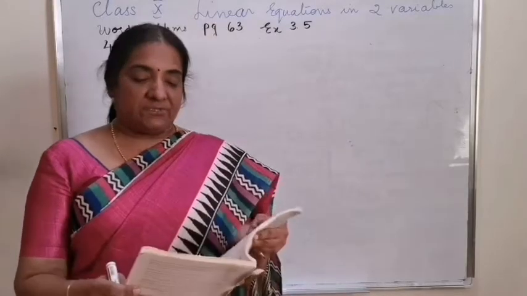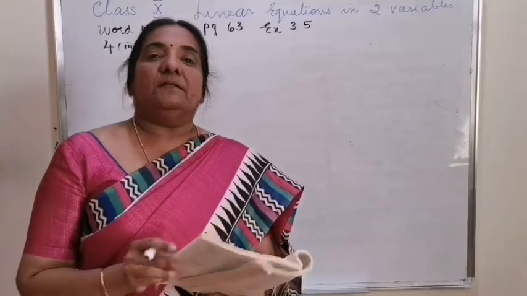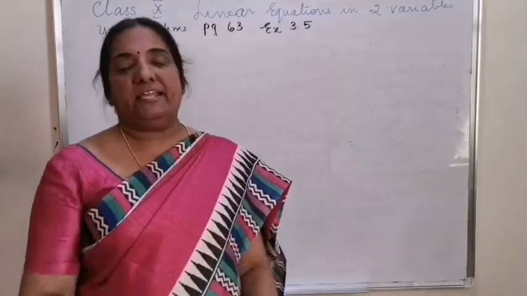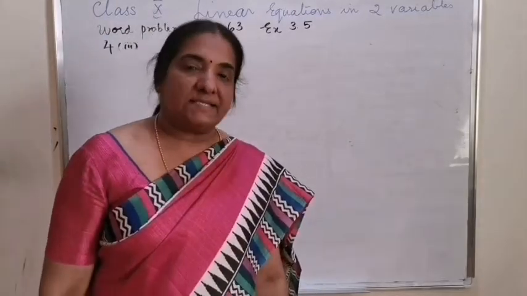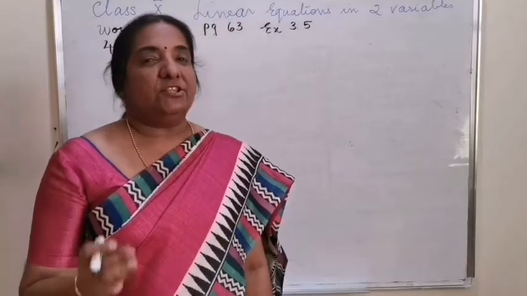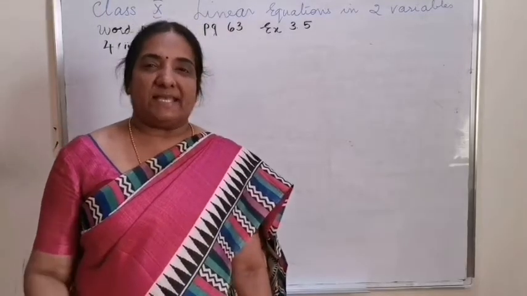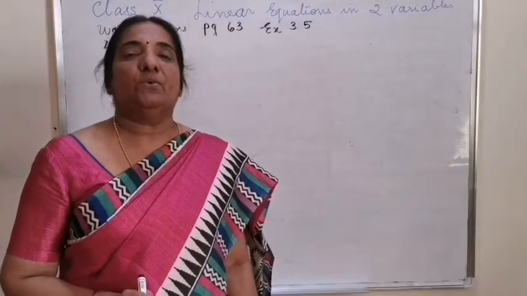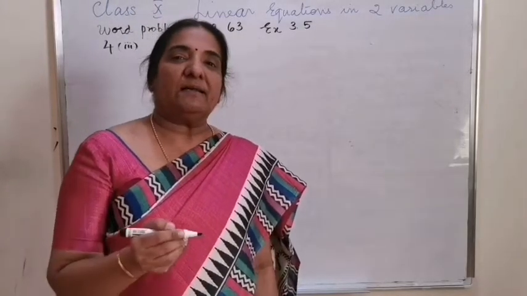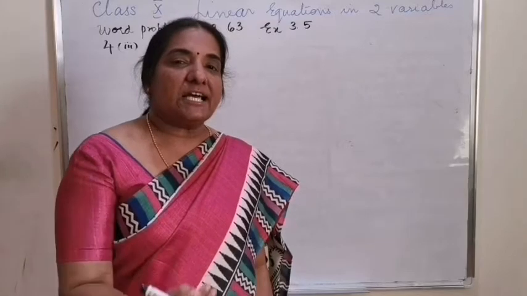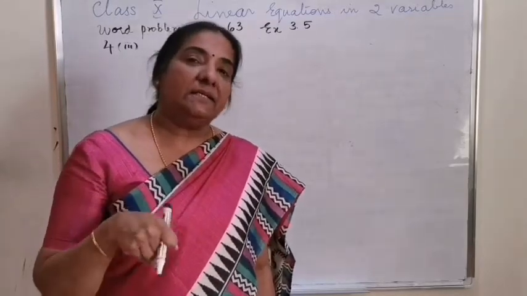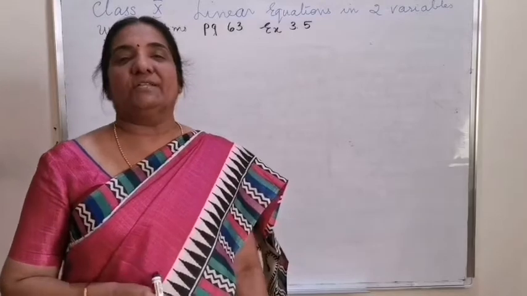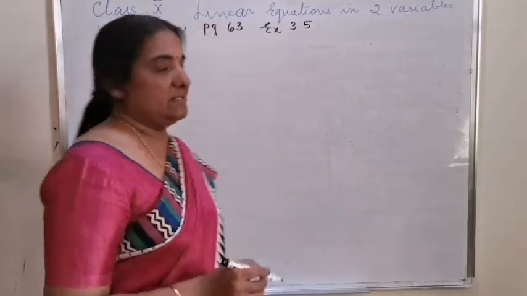The final question is, how many questions were there in the test? Since the question is related with the correct answers and incorrect answers, let's take x as the number of correct answers and y as the number of incorrect answers, because the marks are awarded based on the correct answers and the marks are lost based on the incorrect answers.